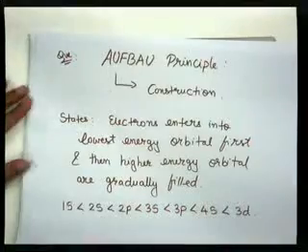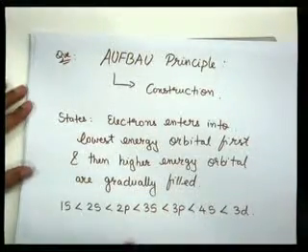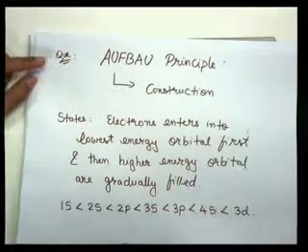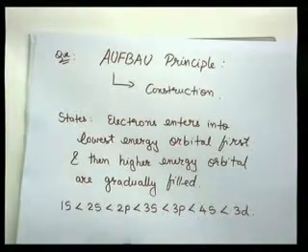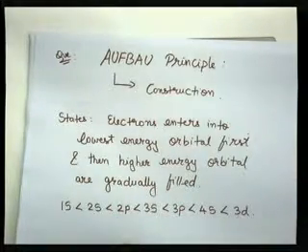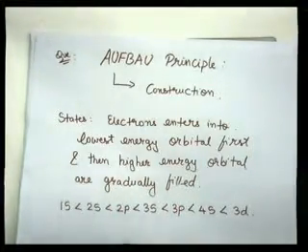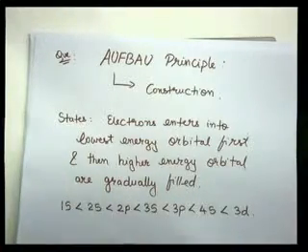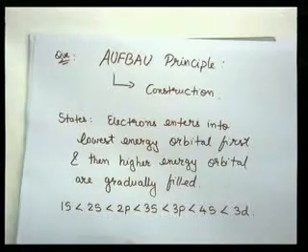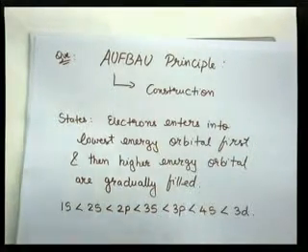Once again I am repeating this Aufbau principle. Please try to focus on this. Aufbau is basically a German word that means construction. This principle states that an electron first enters the lowest energy orbital and then higher energy orbitals get filled gradually.